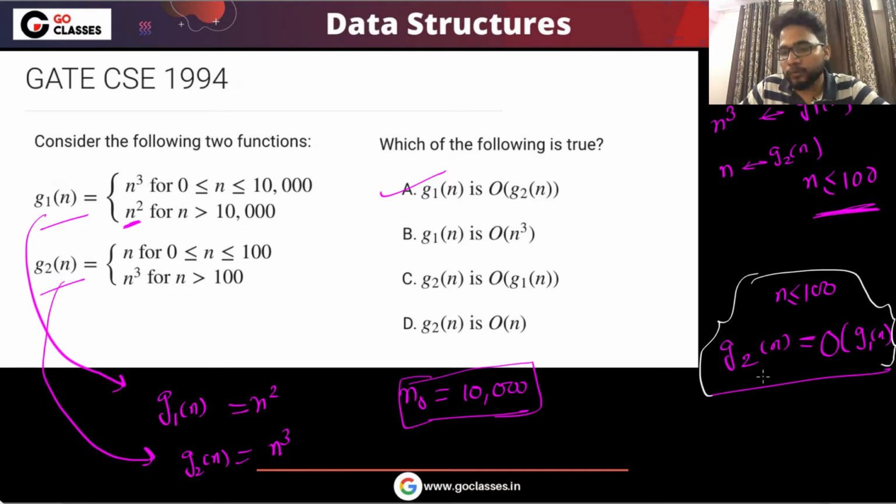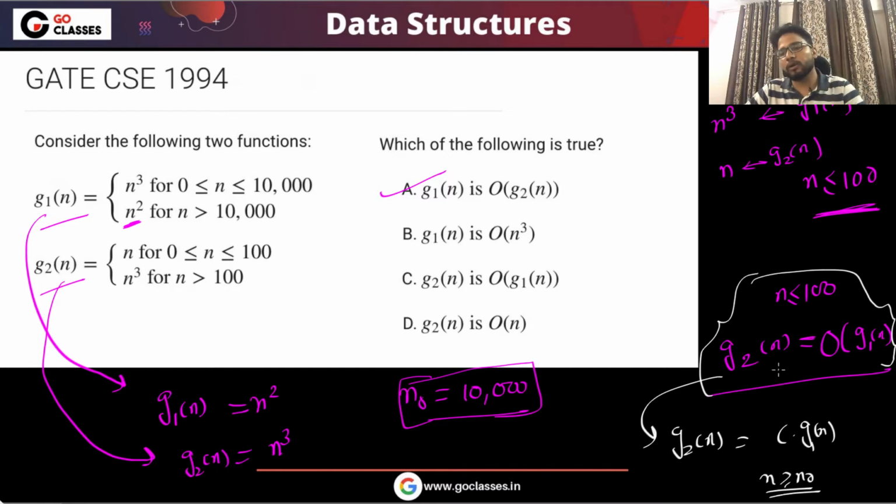If you are saying something like this, then this means that g2n is less than or equal to c into g1n, and here n is greater than or equal to some n naught, right? You cannot bound a function on some limit that for n less than or equal to 100 only this is true. These asymptotic notations are after a certain point, not before a certain point. So this is completely nonsense.